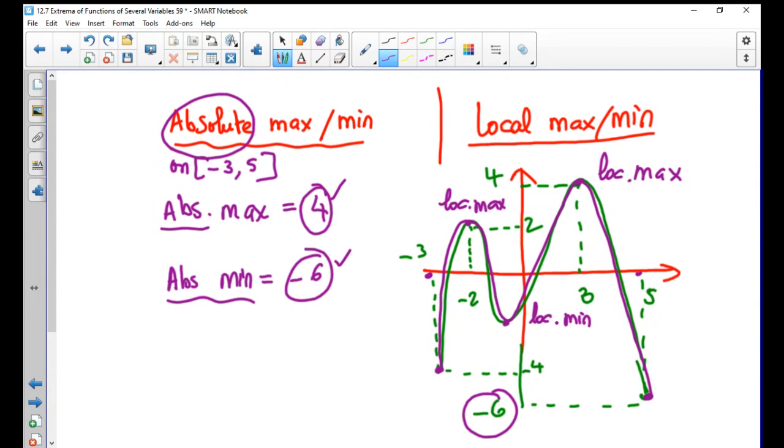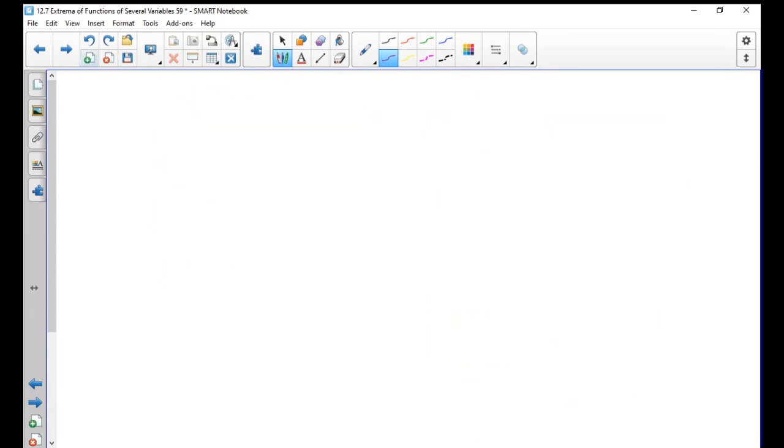Now, that's how you see it graphically. Graphically, you can see where is the local maximum, local minimum, absolute maximum, absolute minimum. But suppose you don't have the graph, but you just have a function like this.